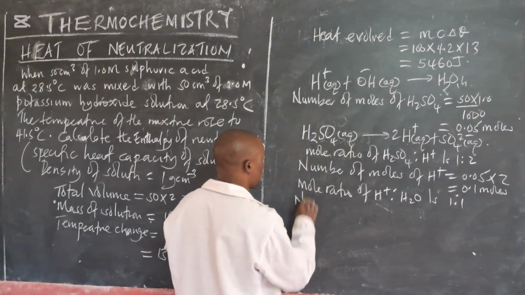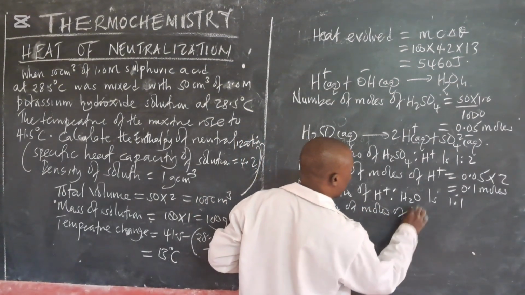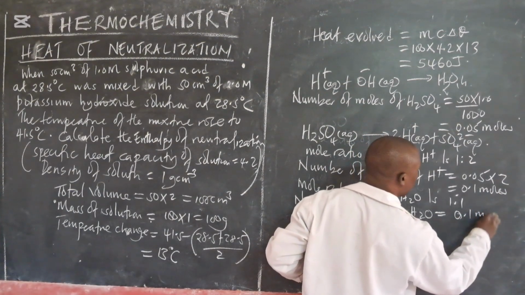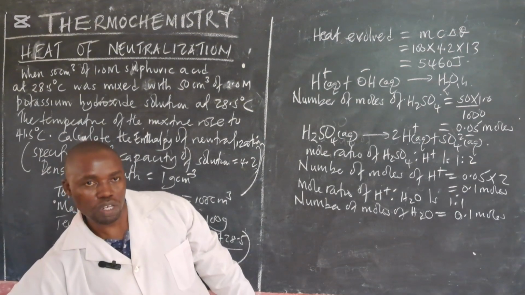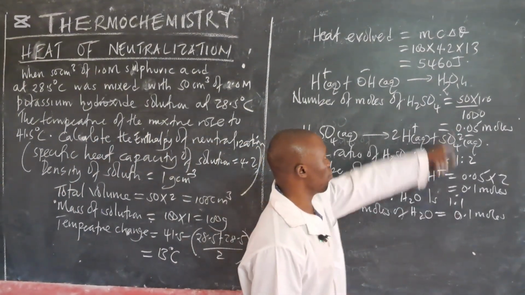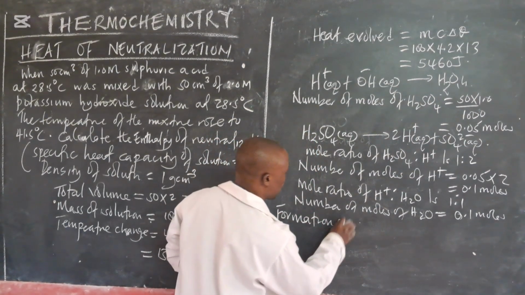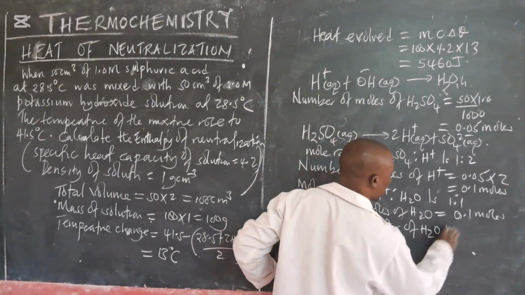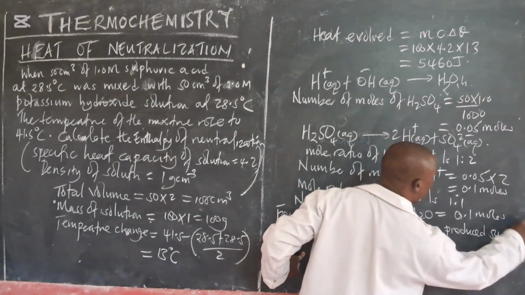So number of moles of water formed will be 0.1, because it's the water that absorbs the heat of the reaction and the temperature of the water increases. That's why we're interested in water very much. So formation of 0.1 moles of water produced 5460 joules of heat.